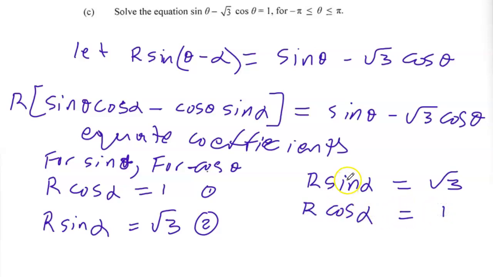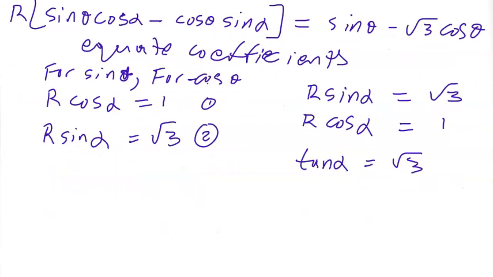If I divide, I will get tan alpha is equal to root 3. So if tan alpha is equal to root 3, then alpha would be 60 degrees, or if you're using radians, it's pi over 3. You can multiply by pi over 180 to convert it to pi radians.